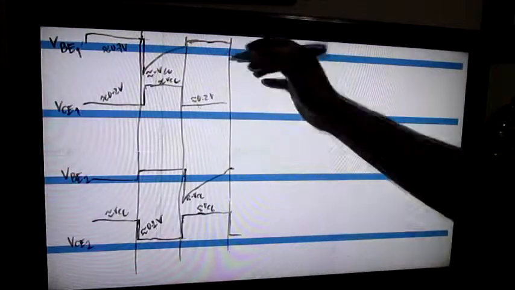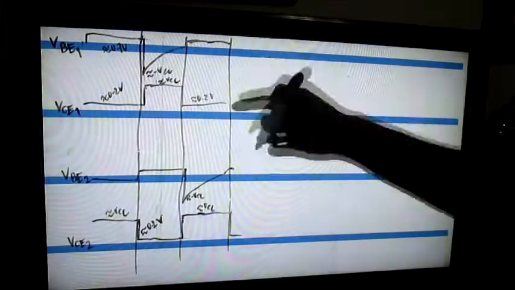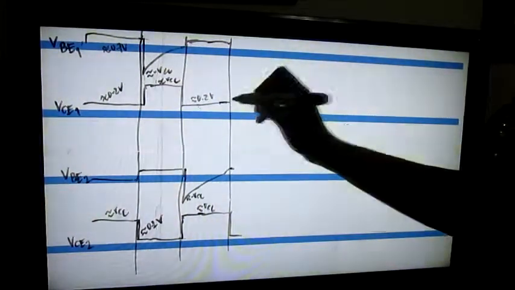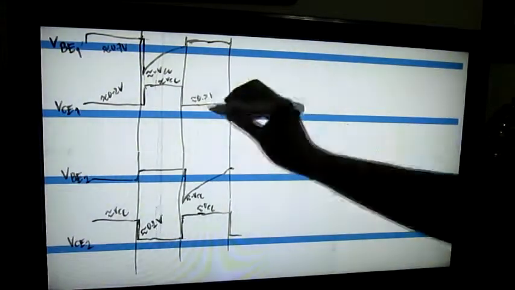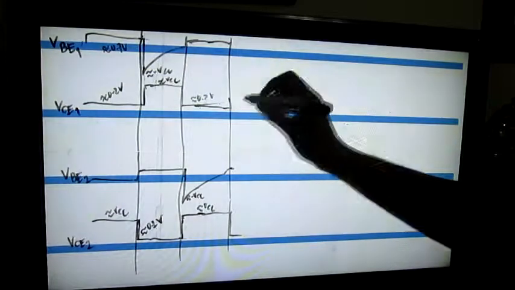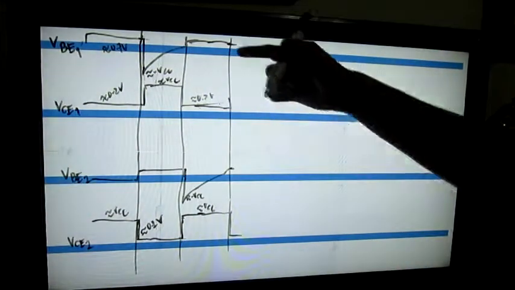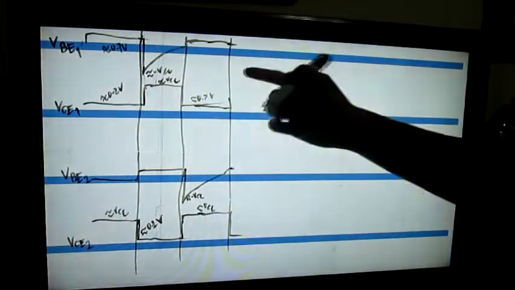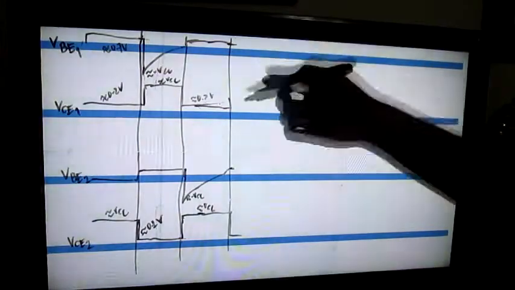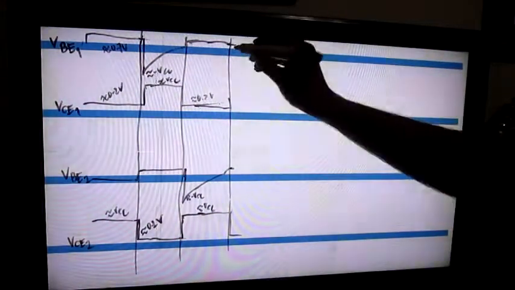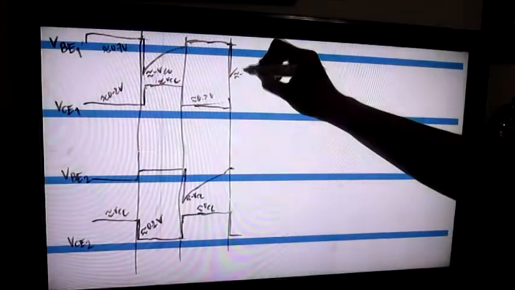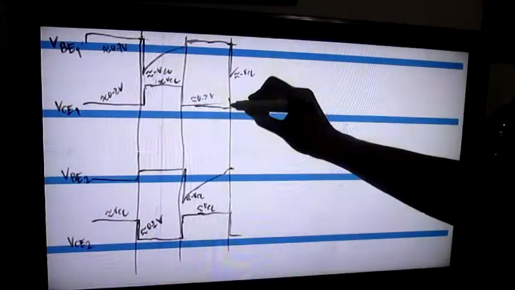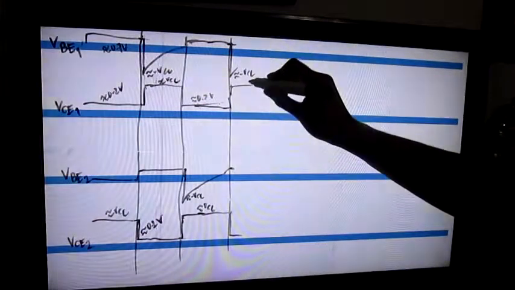At the same time, capacitor C1 is charging to VCC minus VBE1 again. So the voltage between the base and the emitter of Q1 now becomes around negative VCC, and its output becomes positive VCC.